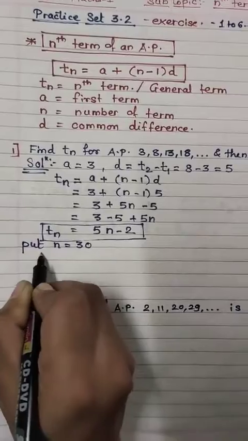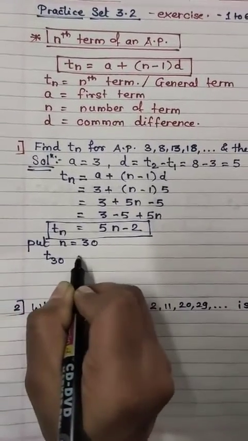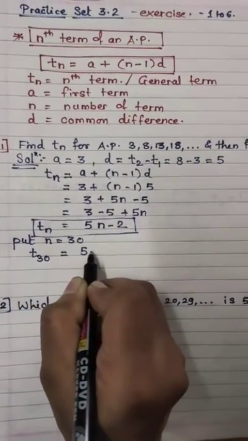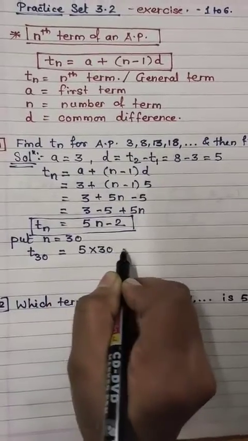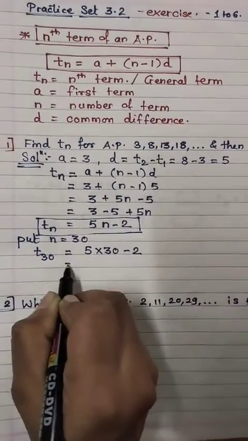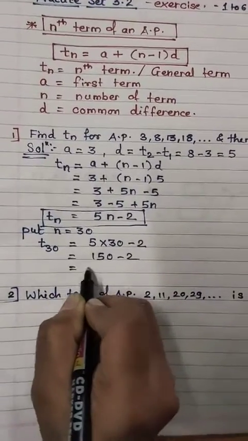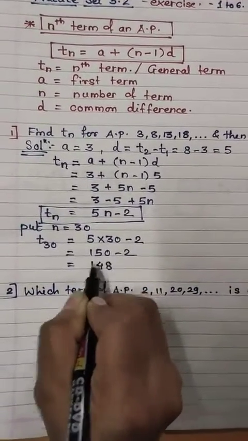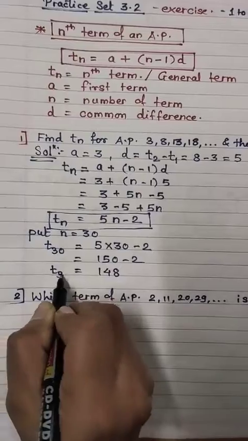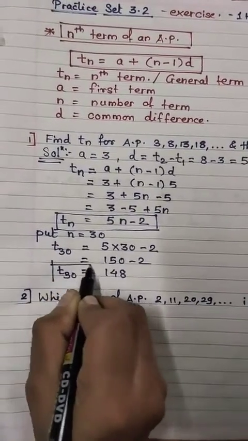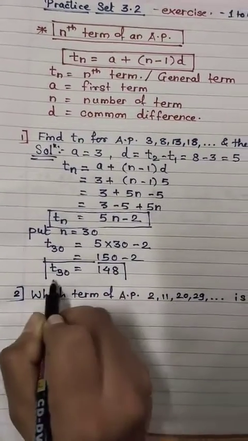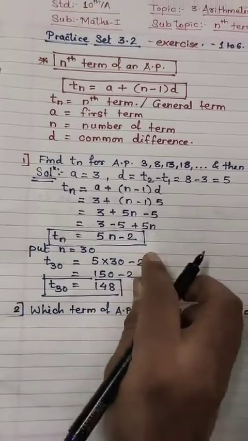Then you will get T30 is equal to 5 into 30 minus 2. So 150 minus 2, you will get 148. This is the value of T30.